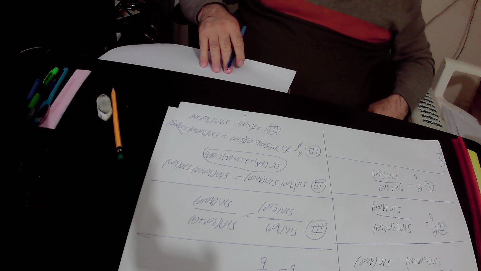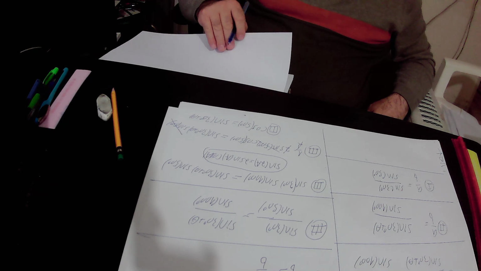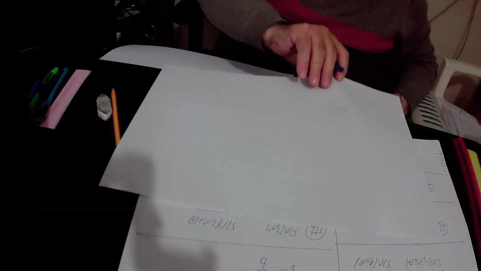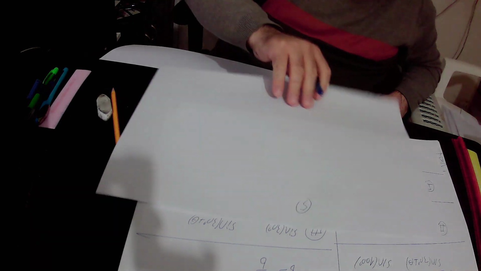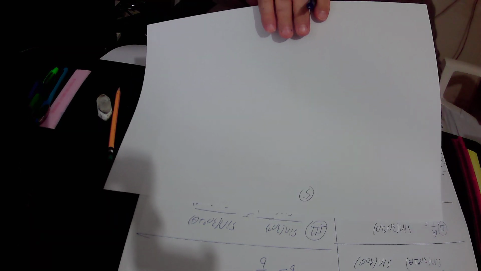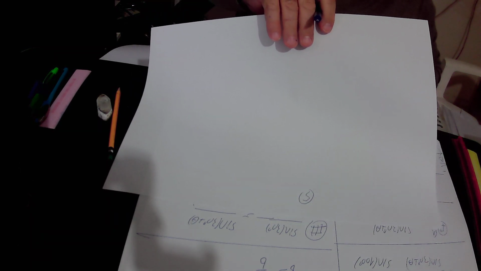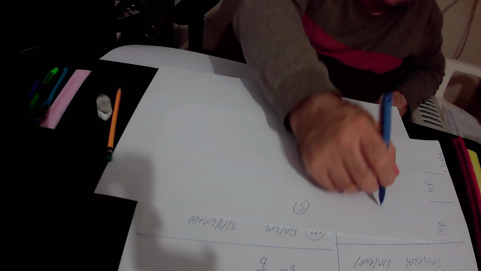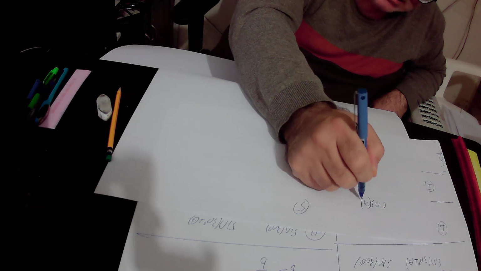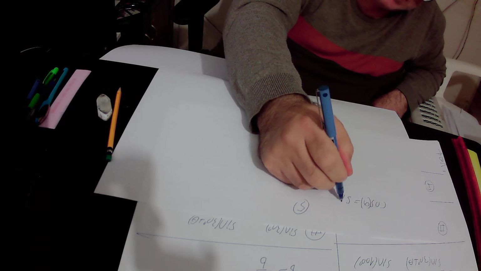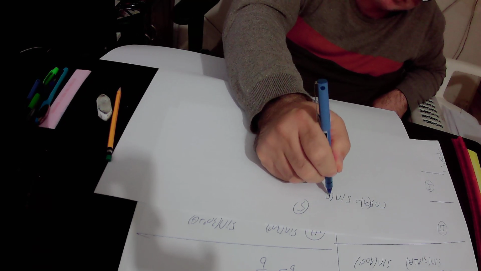And we also have the trigonometric identity that states that cosine alpha equals sine 90 degrees minus alpha.